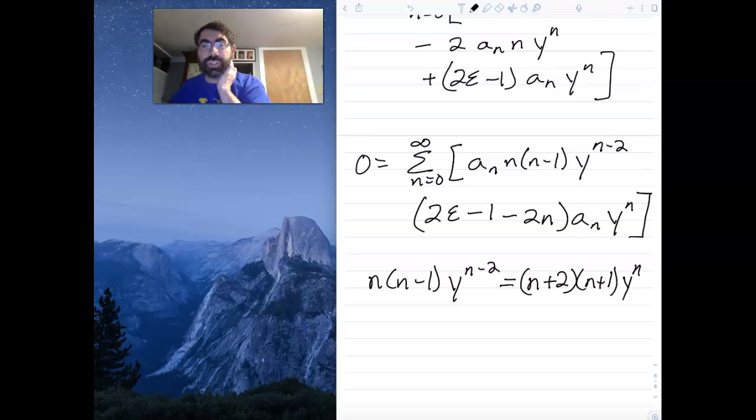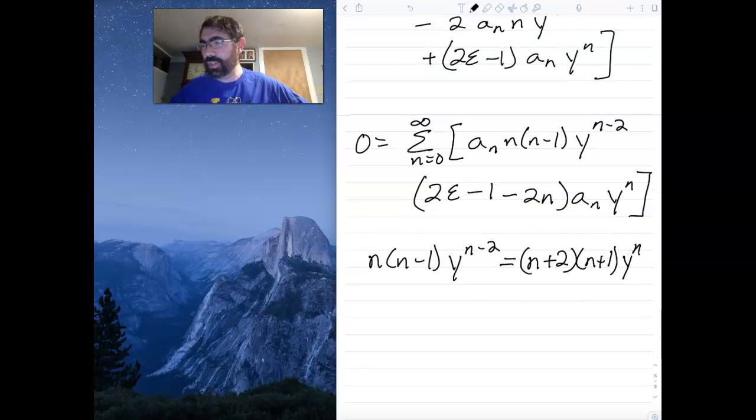Okay, because you notice you get the same thing. If n equals 2, then I would get y to the 0 power, and that gives me 1. And so I essentially shift that. The one thing I didn't shift was the a_n.